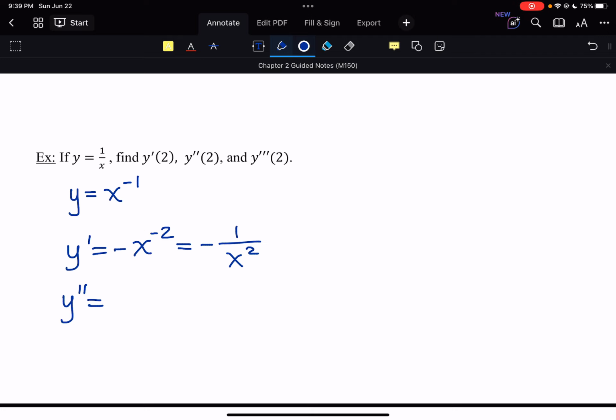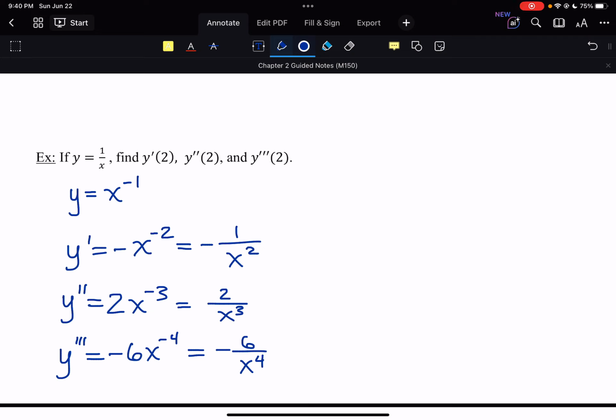We bring down the negative 2, so that becomes positive 2 because it cancels, and subtract 1, that's negative 3. So we get positive 2 over x cubed. For y triple prime, we bring down the negative 3, so that's negative 6. Subtract 1, so we get negative 6 over x to the 4th.